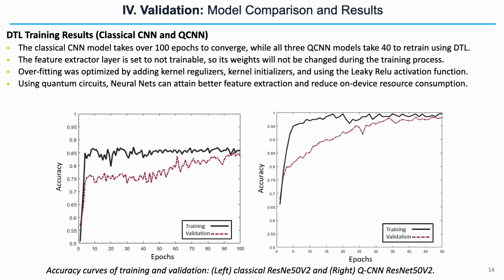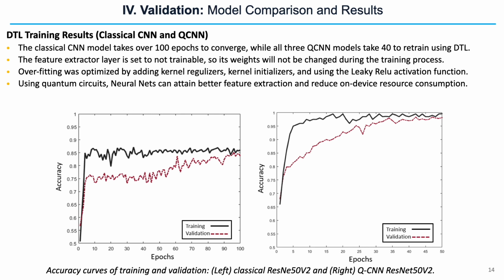Lastly, over here we have the validation results between the classical convolutional neural network and our hybrid quantum convolutional neural network. As you can see on the left, the classical CNN does not perform as well as the one on the right, which is the quantum CNN.